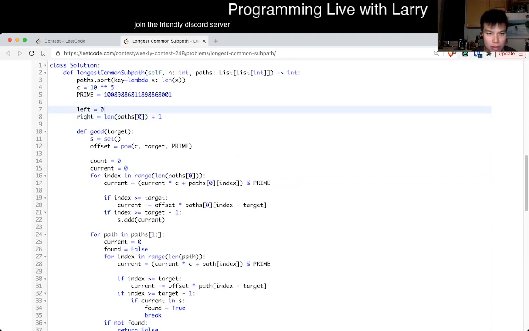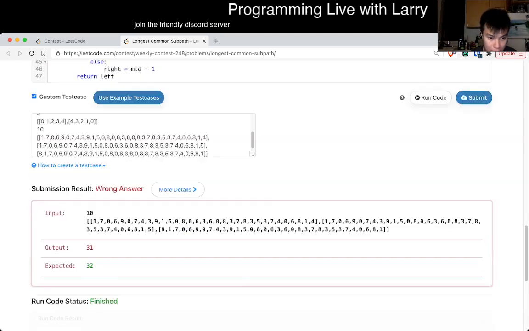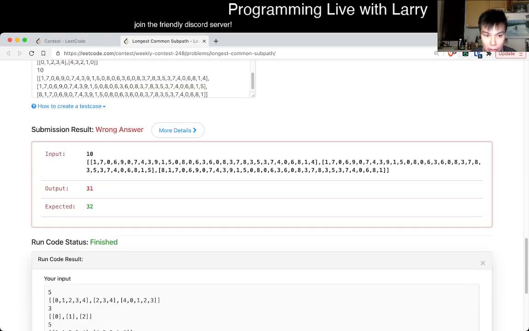Now this, actually, I only have more time to debug this. Why am I off by 1? This is basically all of them except for the last number.